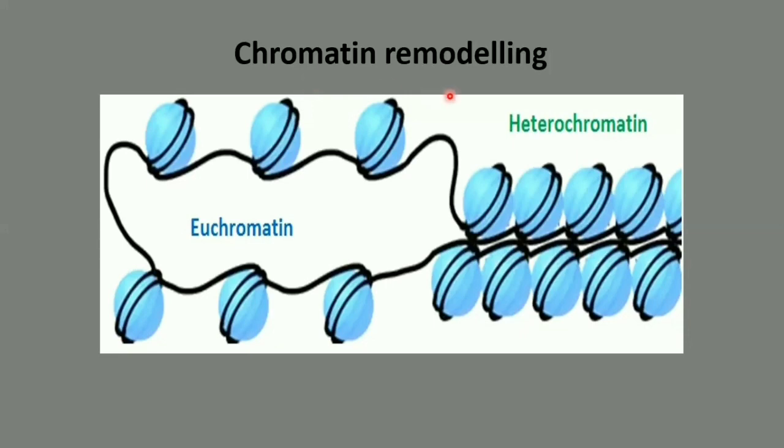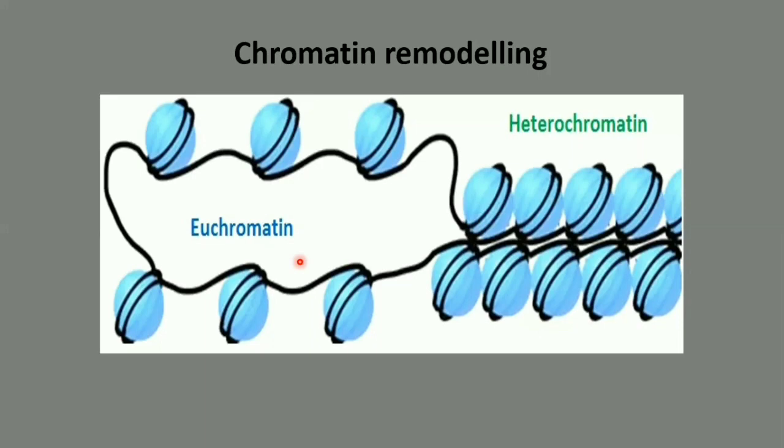Chromatin remodeling. DNA, as we saw in the organization of DNA, is a highly compact and organized structure in cells. It is not easily accessible for transcription until it undergoes several changes that make it accessible. That is euchromatin. It has to open up like this. Chromatin remodeling refers to the changes occurring in DNA that enable it to undergo transcription.